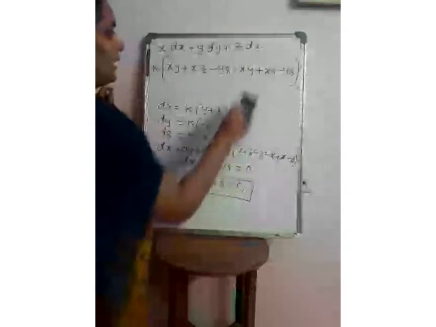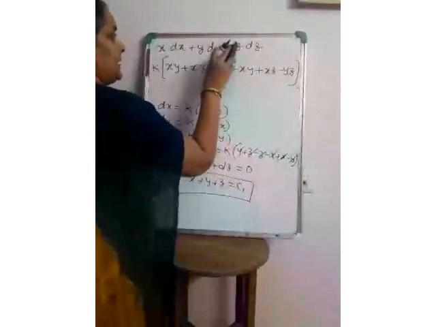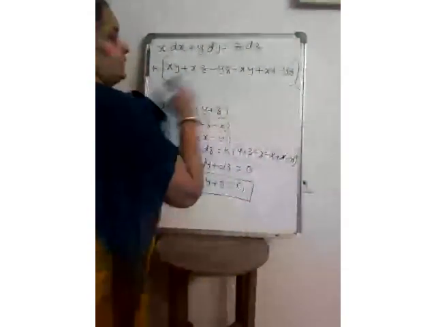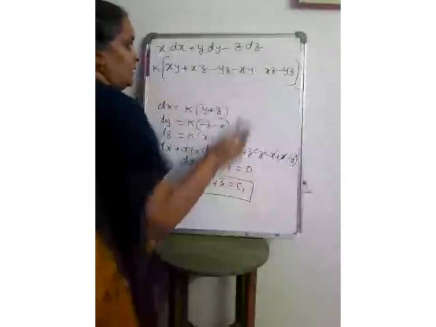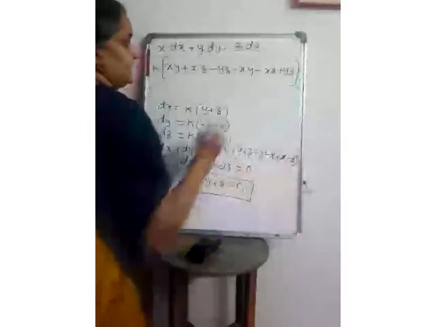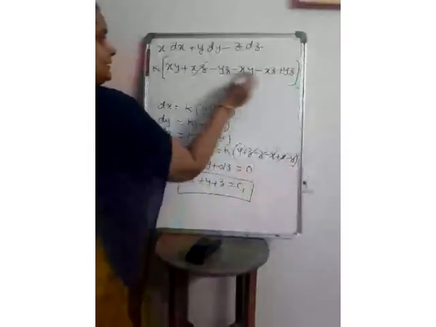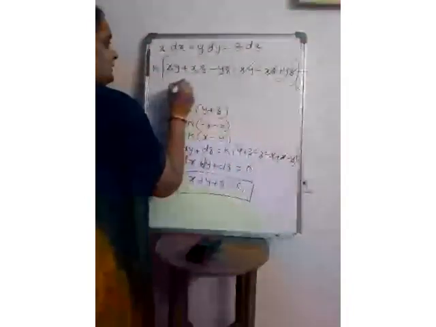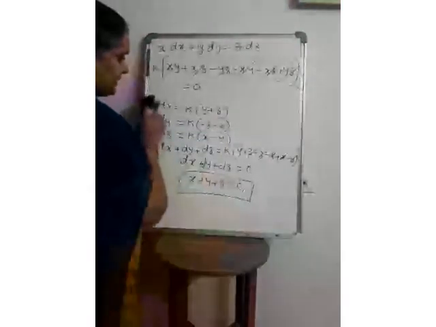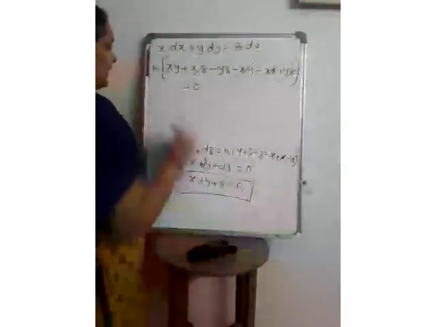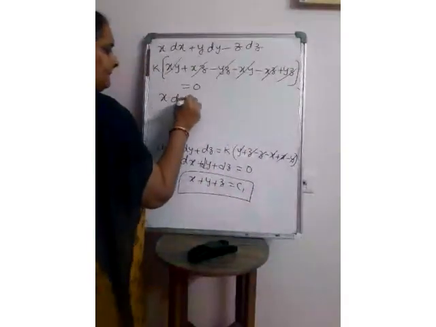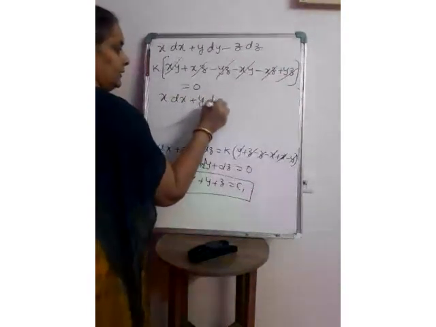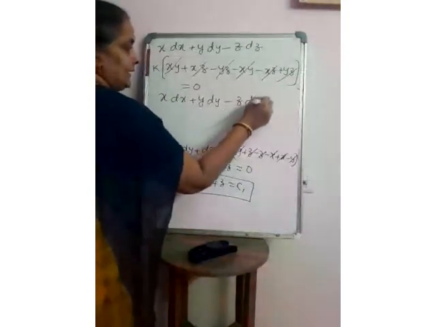So what I do, I interchange this sign, writing it as minus z dz. So now this will become minus xz plus yz. So xz and minus xz get cancelled, xy minus xy, yz minus yz, which is becoming 0. So what is the second relation we got over here? X dx plus y dy minus z dz, we are getting it as 0.